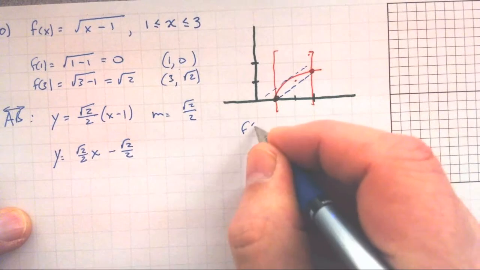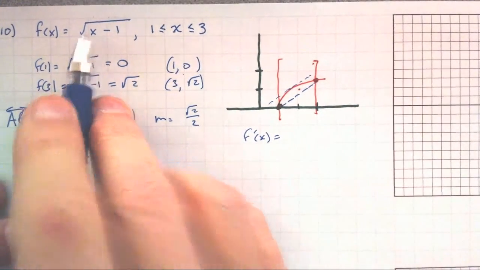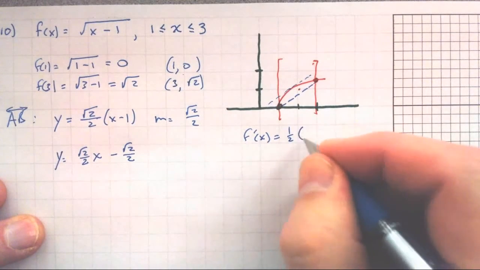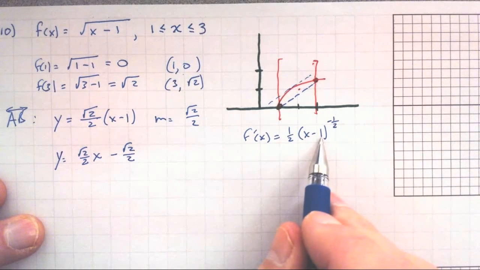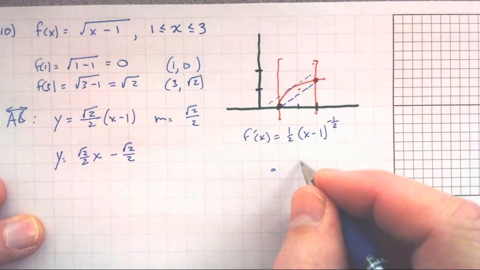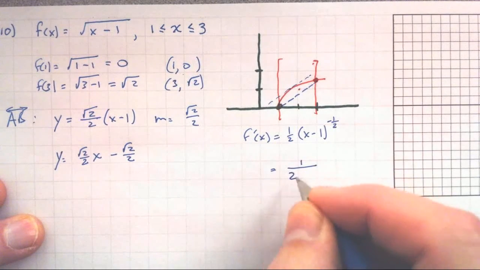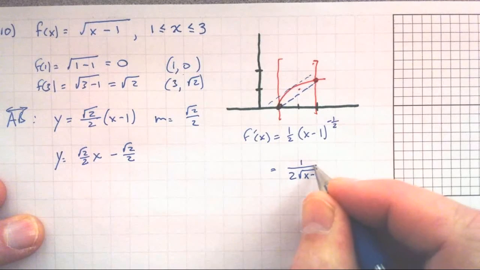F prime of x, if I treat this as x minus 1 to the 1/2, is 1/2 times x minus 1 to the negative 1/2 times the derivative of x minus 1, which is 1, or we get 1 on 2 times square root of x minus 1.